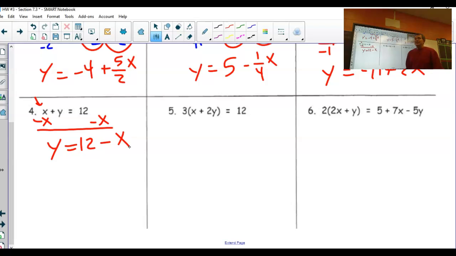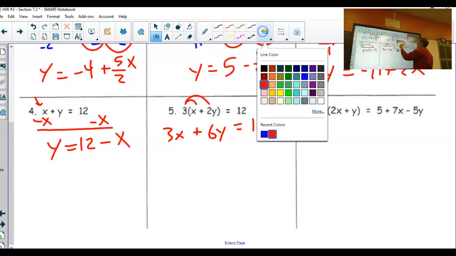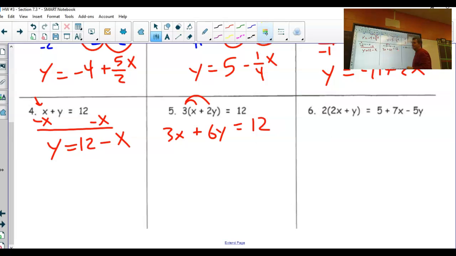Problem 5. The first thing you need to do in problem 5 is simplify the problem by distributing the 3. That would give you 3x plus 6y equals 12. And now you can start getting the y by itself. So the first thing I'm going to want to do is get rid of the other term that doesn't have a y.